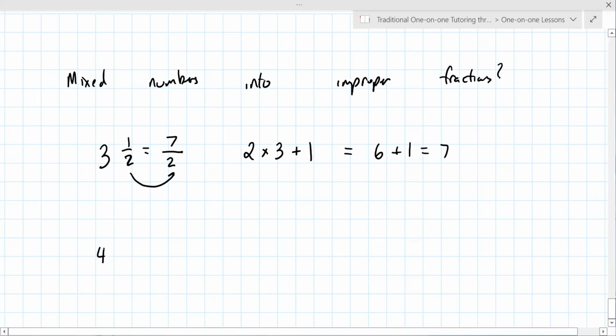Okay, so let's try another one here. How about 4 and 1/3? Okay, so you take the 3 that's on the bottom, multiply it by the number in front, and add the top number.